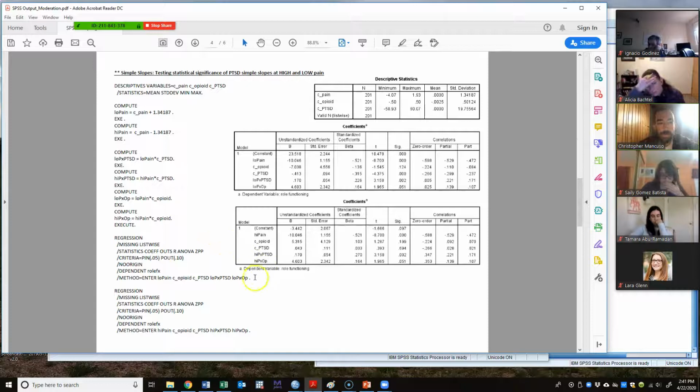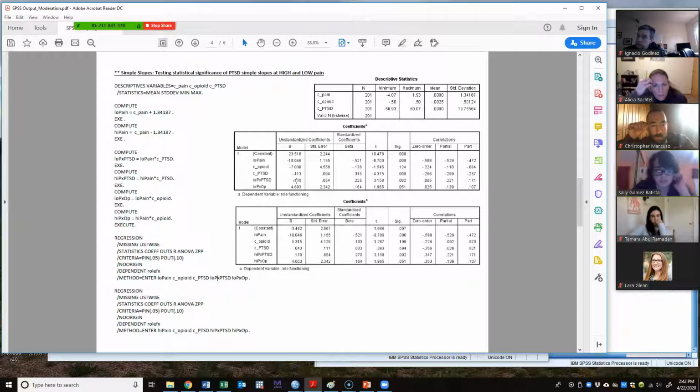So when I go down through here and take a look, the only slopes I'm interested in are the conditional effect of PTSD with functioning at low levels of pain and at high levels of pain, right? So if I take a look at PTSD at low levels of pain for this model here, what am I seeing in terms of evidence for a conditional effect of PTSD on functioning at low levels of pain?